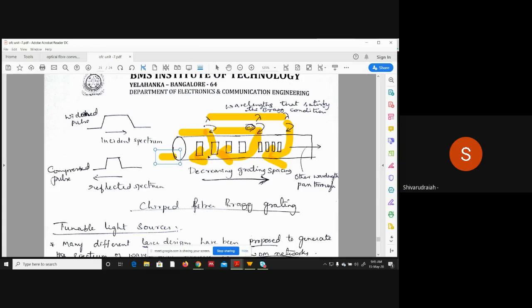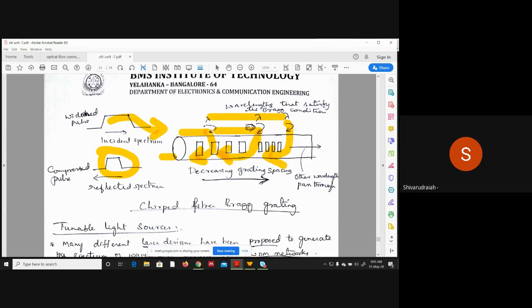Because they are arriving at different time instances, the pulse which has broadened at the incident point, before it goes inside the grating, will reassume its shape, what we call a compressed pulse.